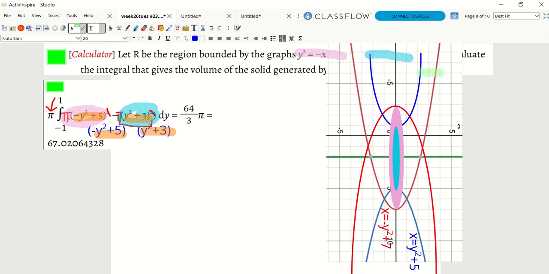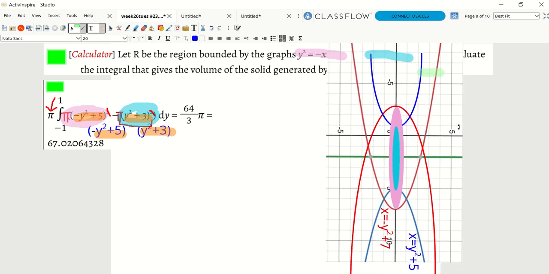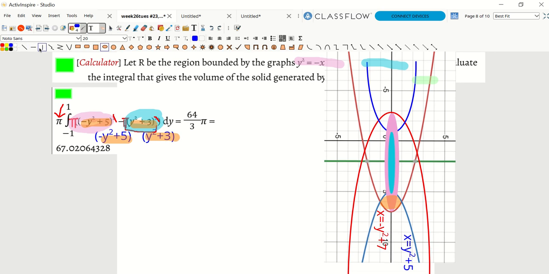Your orange bounds are going to be negative 1 to positive 1. I should do orange so I color coordinate it.